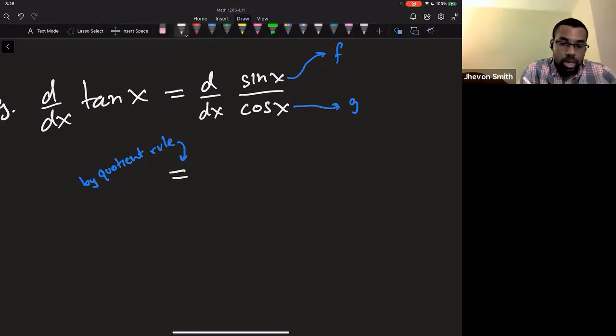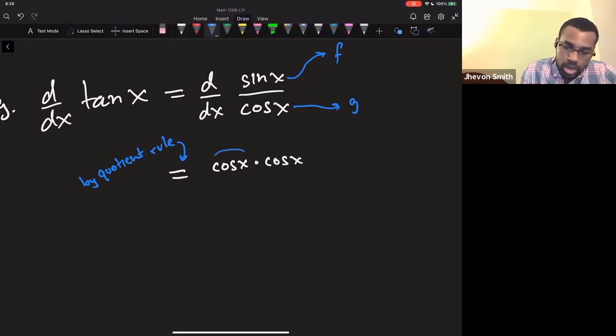So it's going to be the derivative of the top times the bottom, right? So this is f prime times g, minus the top times the derivative of the bottom.